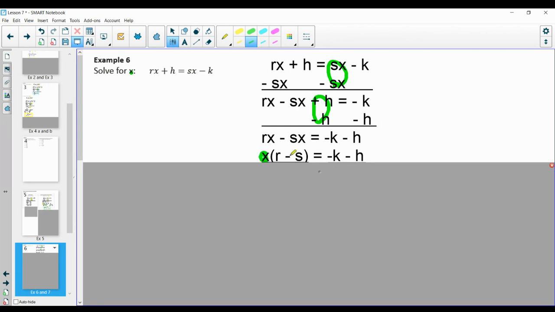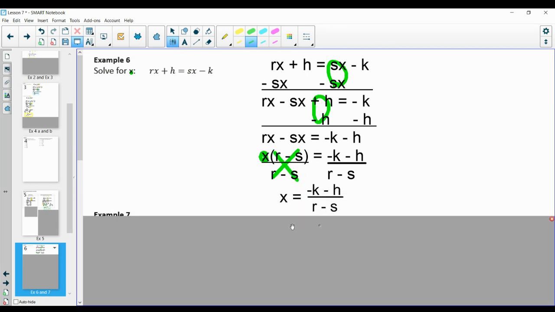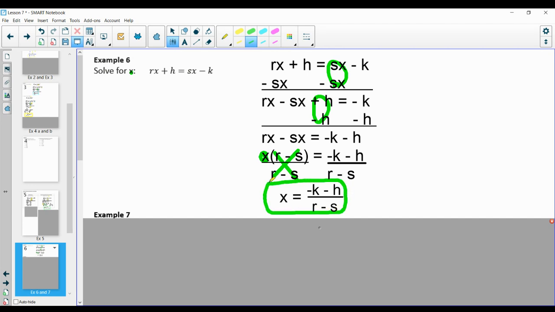I have to get rid of multiplying by the parentheses. So I'm going to divide both sides by whatever's in the parentheses. These guys become a 1, so the x is by itself. And then on the other side, I'm left with x equals negative k minus h all over r minus s.